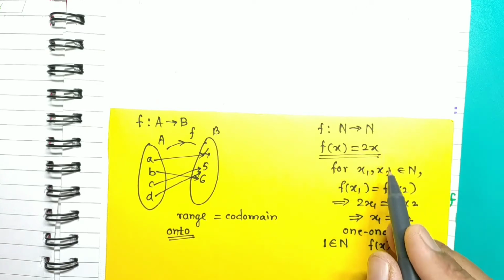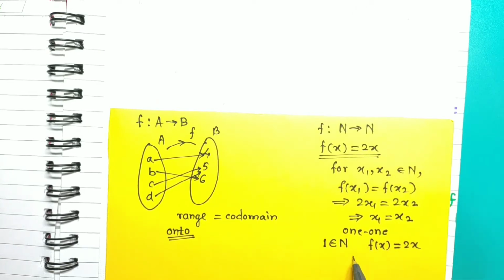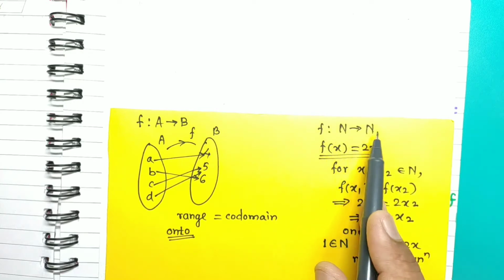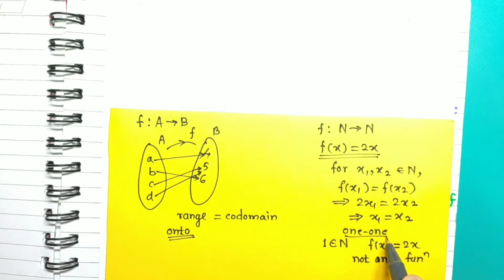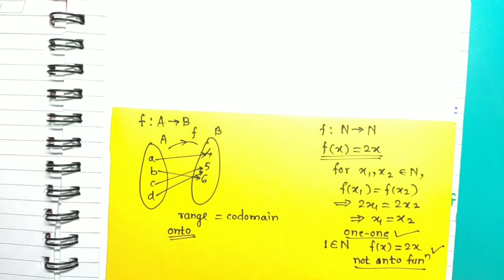So this function is not an onto function. That means this function f from N to N defined by f of x is equal to 2x is a 1-1 function, but it is not an onto function.